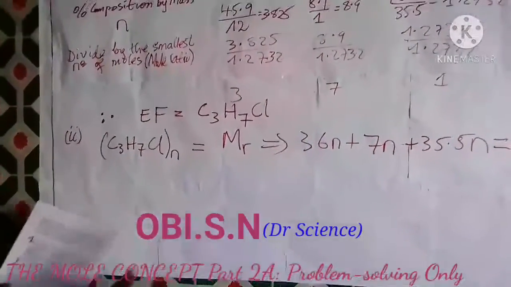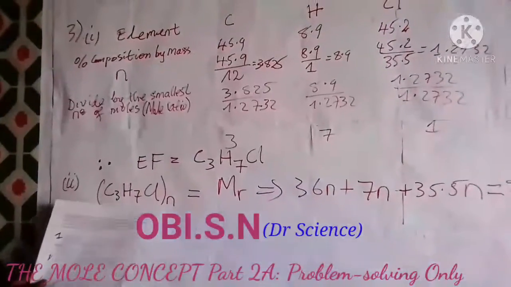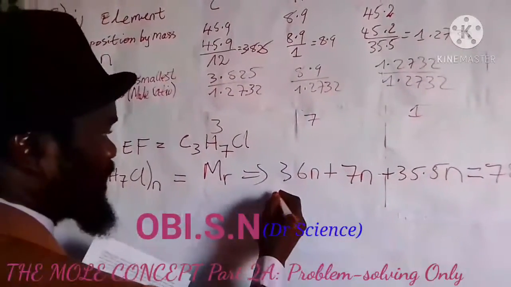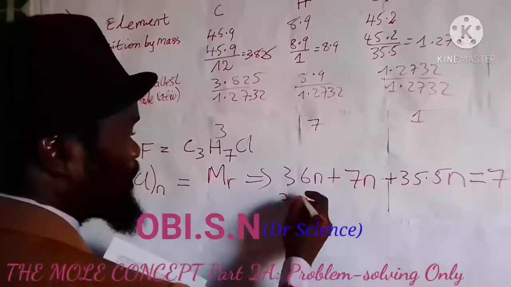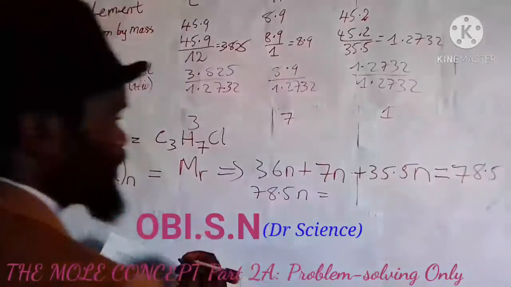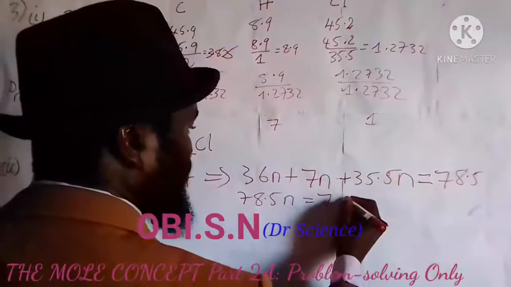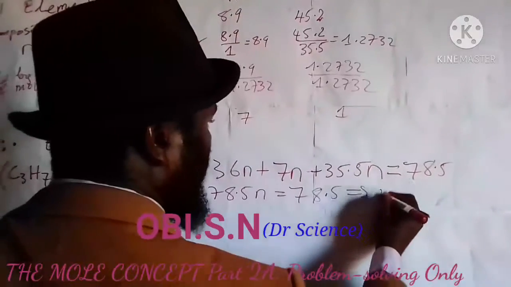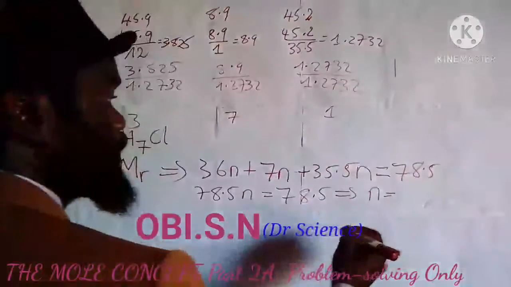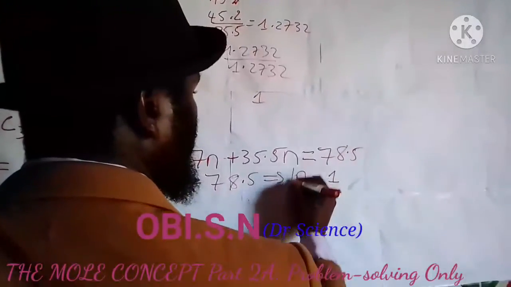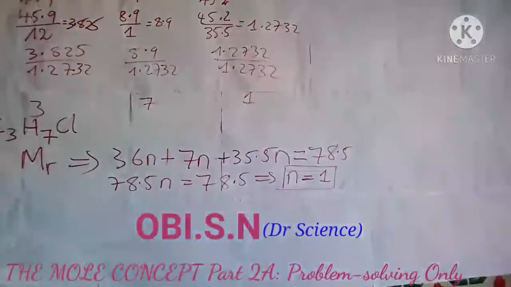If you compute this correctly, you will have 78.5n. So we have 78.5n equal to 78.5. This means that our n is equal to 1. n is equal to 1.